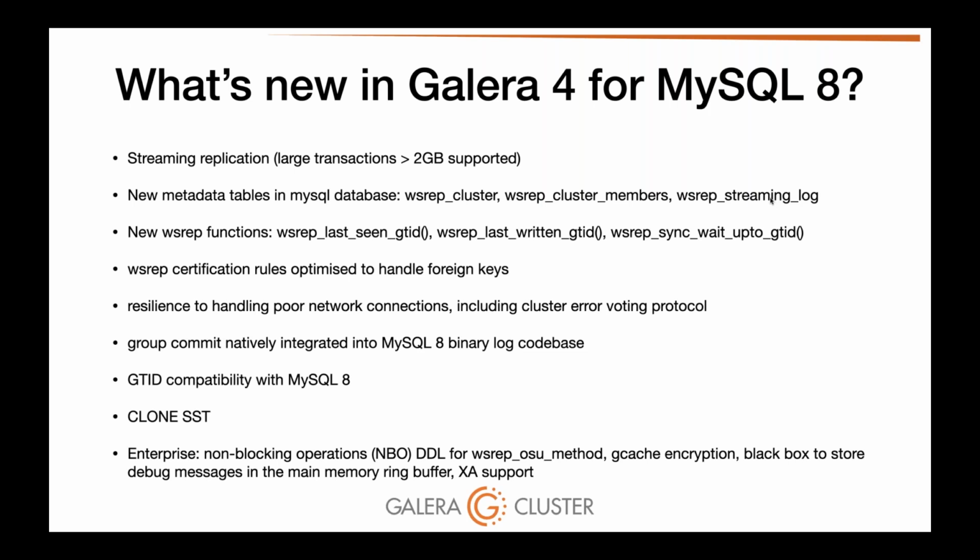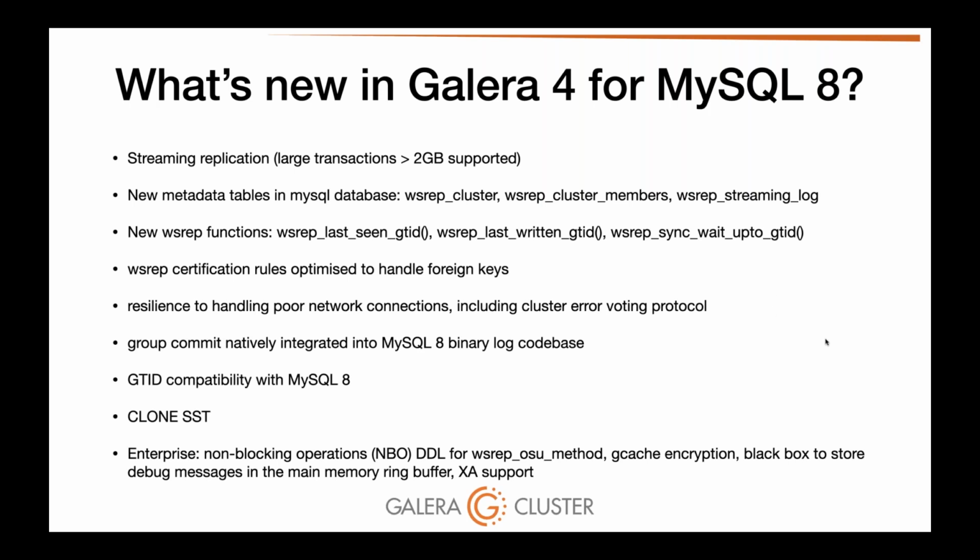In those WSREP functions, we have what you can return to the application to wait for the last seen global transaction ID, the last written global transaction ID, or sync wait up to the global transaction ID. So these are also, I'd say, fairly useful.